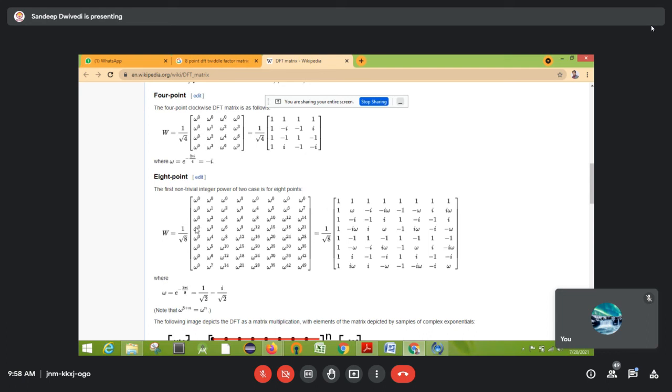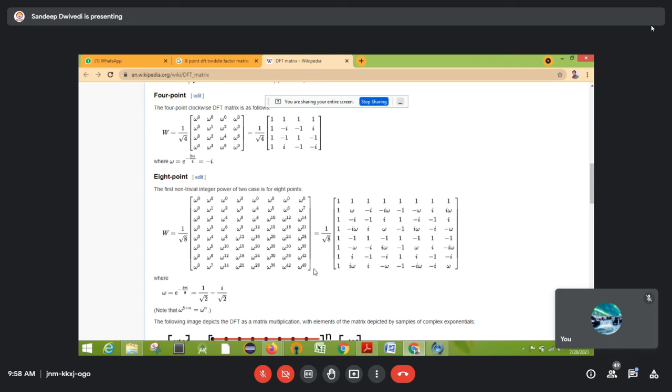Then multiply by 2 to this one. Then multiply by 3. Multiply by 4, so the table of 4 here, then multiply by 5, so the table of 5 you will see here, multiply by 6, the table of 6, 7, like this up to 49, 7 into 7, because this is the 8-point DFT, so this will be n minus 1.